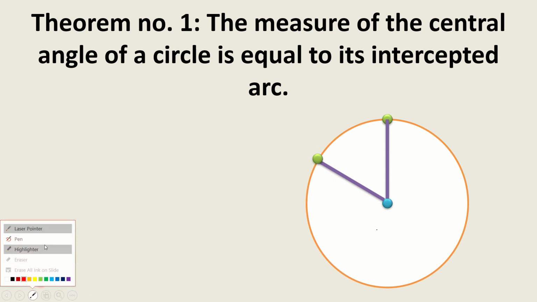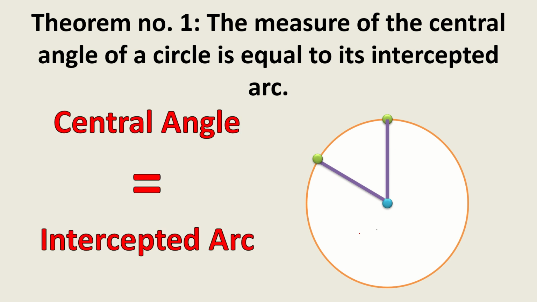Now, ang sabi, kay theorem number 1, the measure of the central angle is always equal to the measure of its intercepted arc. And since sinabi sa atin na that they are equal, so ibig sabihin po, kung ano ang measure ng central angle, yun din ang measure ng ating intercepted arc.